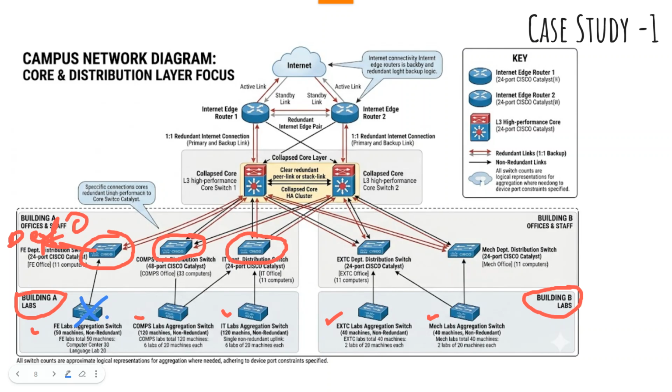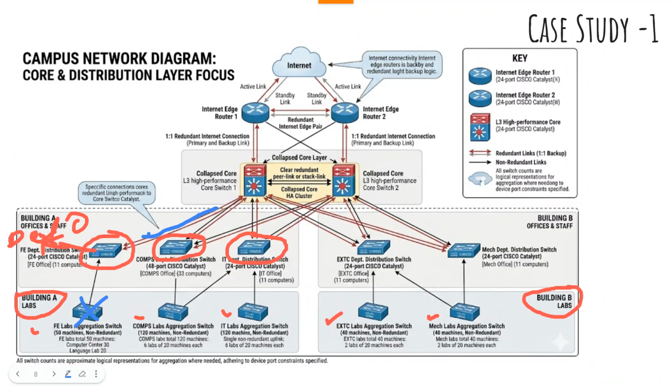In this case, they will not be able to access anything on the network. But anyway, we don't require redundancy there. Now, let us say this is my FE department office, and if this link fails, you see that there are two red lines connecting.